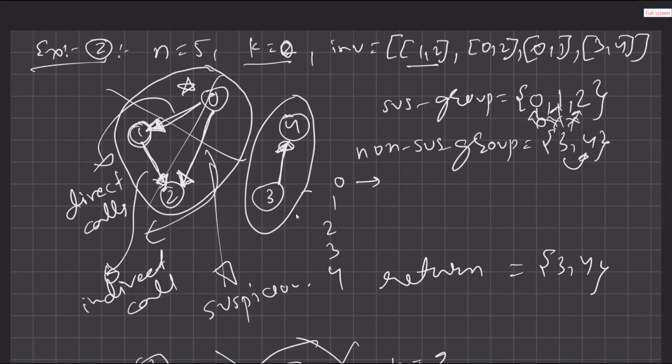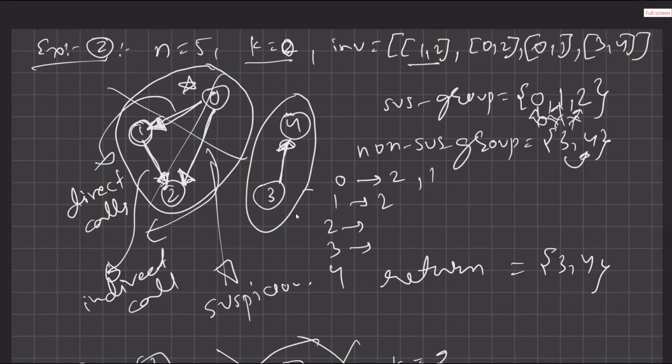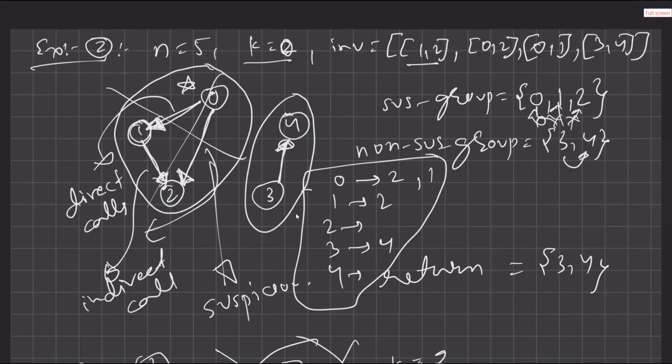Now as you can see in the edges, from 1 we are calling 2, from 0 we are calling 2, from 0 we are calling 1, and from 3 we are calling 4. So this is our edge list now. And as you know, our suspicious group is 0, 1, 2.